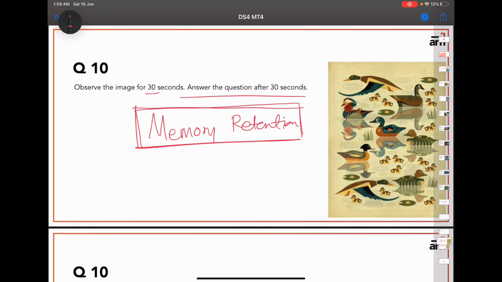And only thing, as I said, practice is the most important thing for this. When your brain knows that, okay, you have got only this much time, and then you have to observe as much as possible, and then you should be able to replicate that image in your mind and then count number of clouds or number of chairs, old people or ducklings in that case. It just needs some training, nothing else.